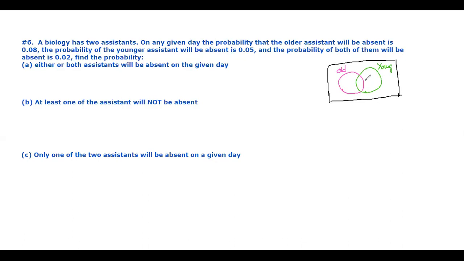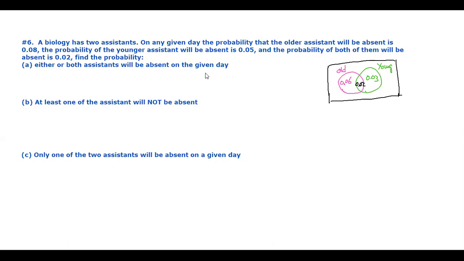Both of them absent is 0.02, the middle section here. The older one is 0.08. If this section is 0.02, then the remaining section is 0.06. The younger one is 0.05, so this section is 0.03. You can use the Venn diagram to help you.